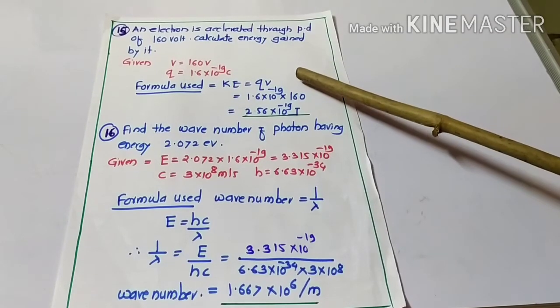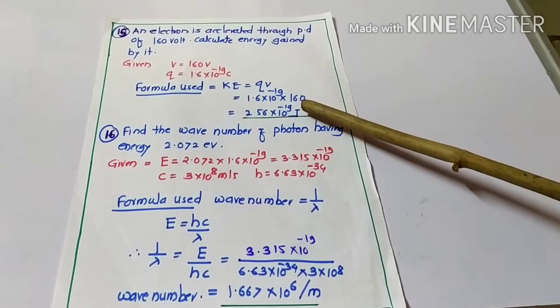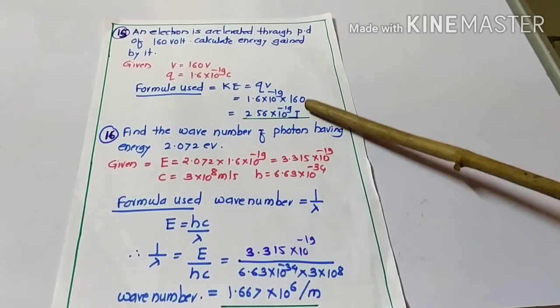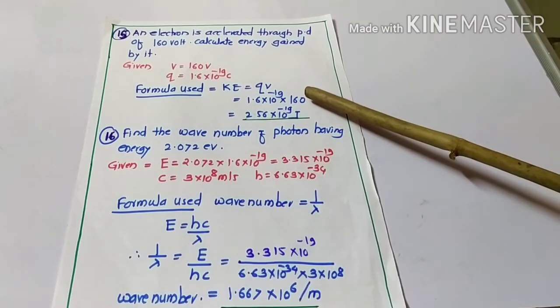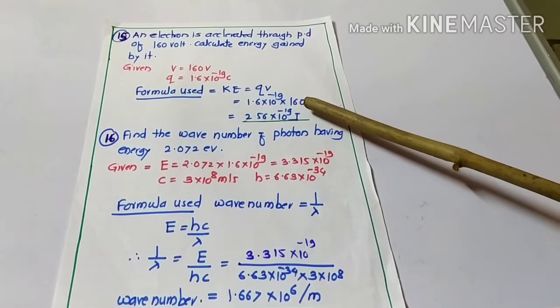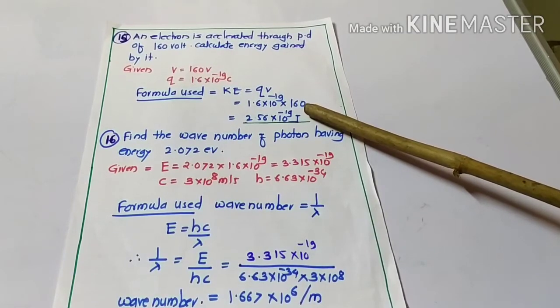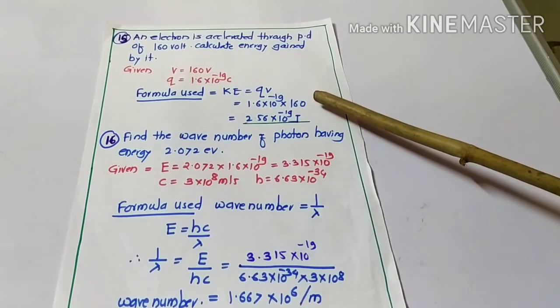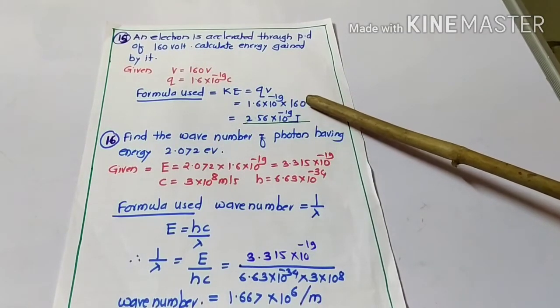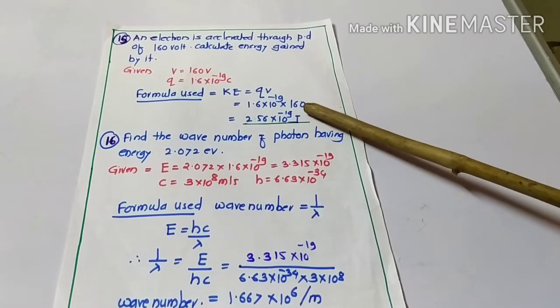Putting the value of charge and V, we get 256 into 10 raised to minus 19 joule. This is easy: 1.6 into 160 is 256.